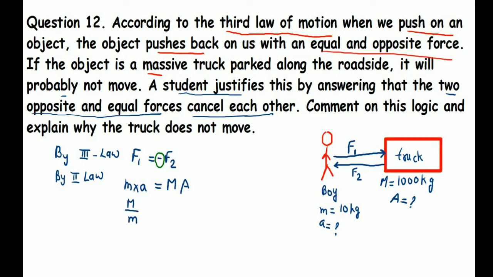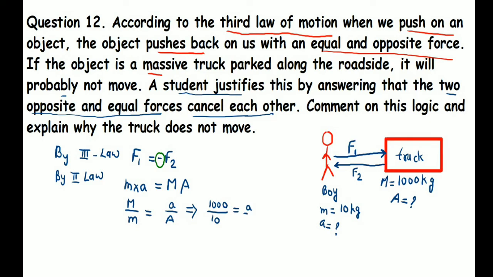If we transpose both M to one side and both A to the other side, we can write capital M by small m is equal to small a by capital A. Now if we place the values, what will happen? 1000 kg divided by 10 kg is equal to small a by capital A. Zeros will cancel out.